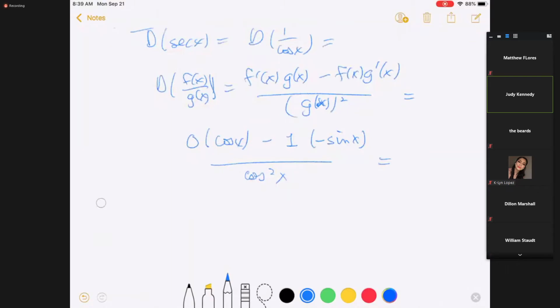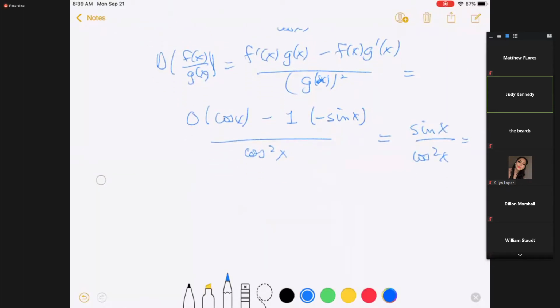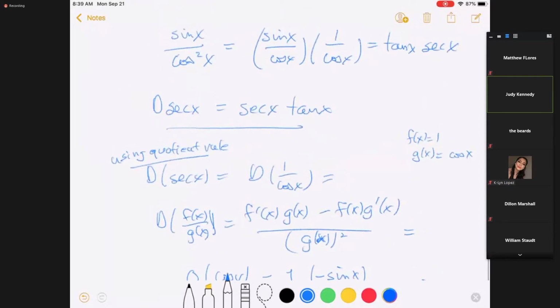And that's equal to what we got before, sine x over cosine squared of x, which is the derivative of the secant, but you could also write it as sine of x over the cosine of x times 1 over the cosine of x, which is tangent of x times secant of x. So we got the same thing either way.